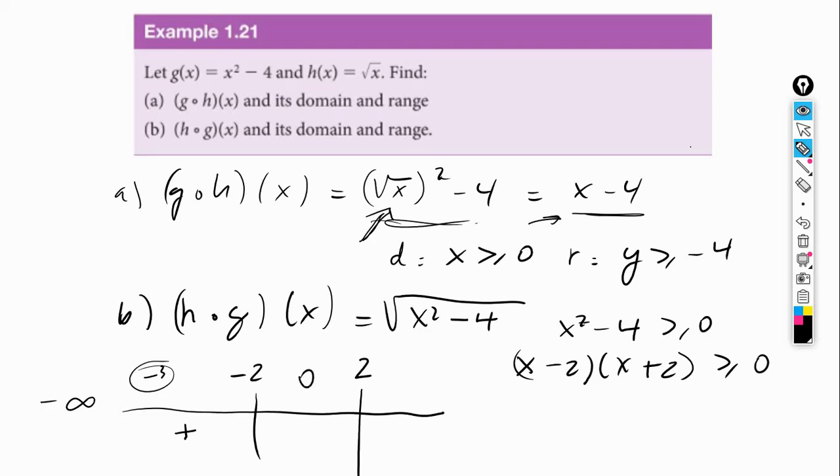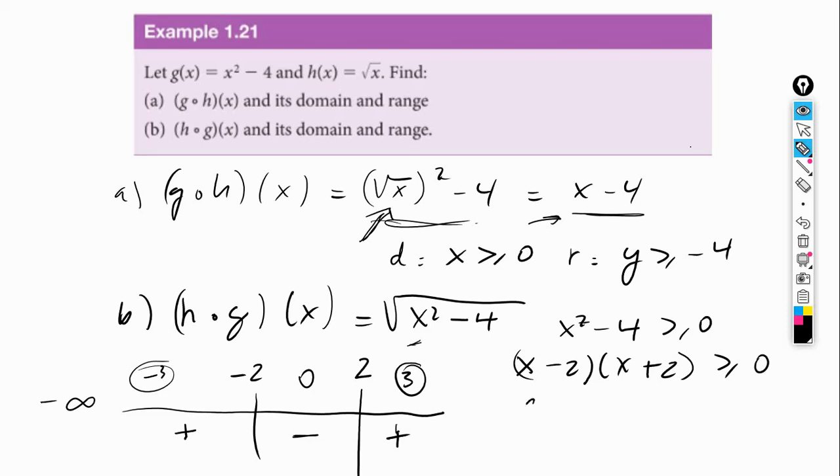If you plug in 0, 0 minus 4 would be -4, and that is undefined in the case of the square root, because it's going to be a negative. And after 2, because this is squared, it's going to be the same as plugging in -3 if we plug in 3. So it's also going to be square root of 5, which is positive. And obviously for anything greater than 2, we're going to get positives.